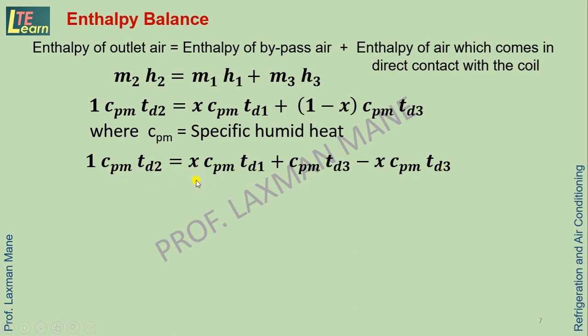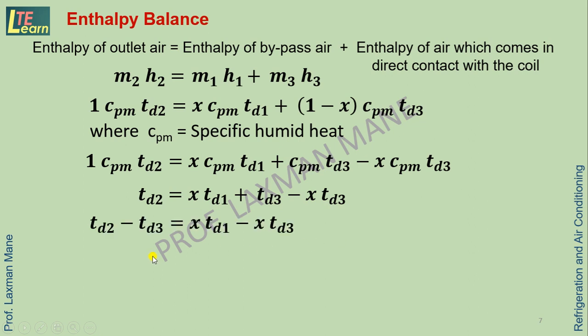CPM is the same on all sides of the equation, so the CPM term cancels. We find the equation TD2 is equal to x TD1 plus TD3 minus x TD3. Separating the terms, TD2 minus TD3 is equal to x TD1 minus x TD3.